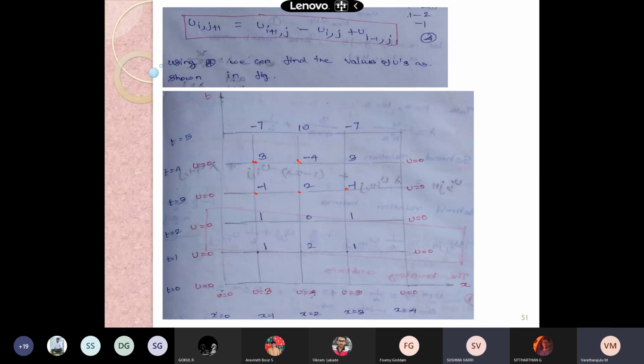Yes, okay. Then the next point, 0 plus 1 plus 2. Very good, 3. Then minus 4, minus 3 plus 0, 7. Then 3 plus 4 plus 3, very good. Then 0 minus 3 minus 4.